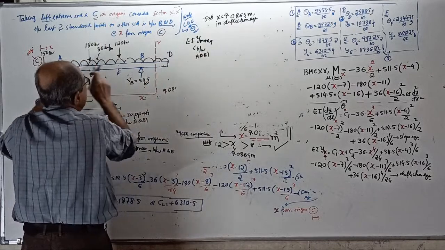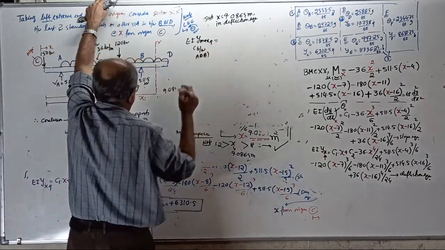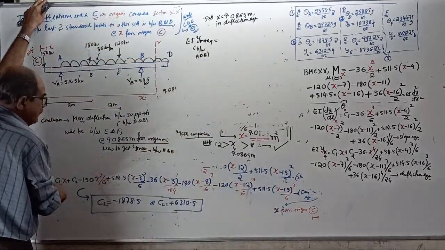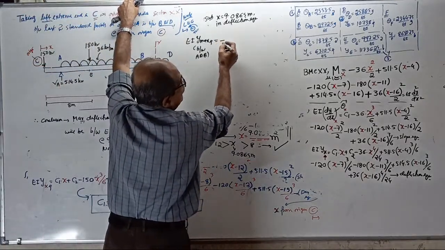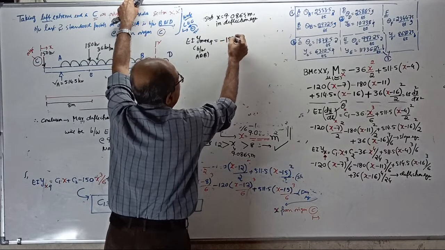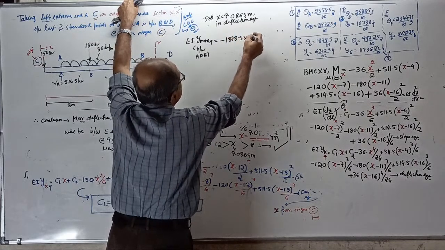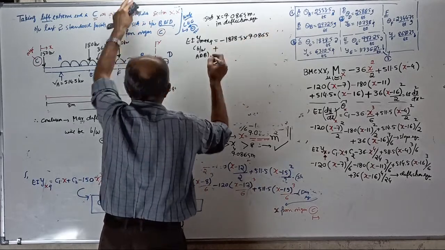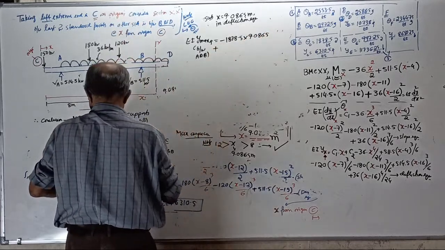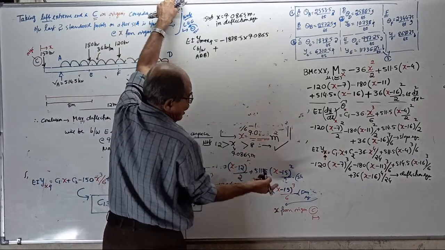Y max between A and B equals, see the equation, C1 into x. Where is C1? C1 is minus 1878.5 into x, which is 9.0865, plus C2. We already got C2, I rubbed it out.